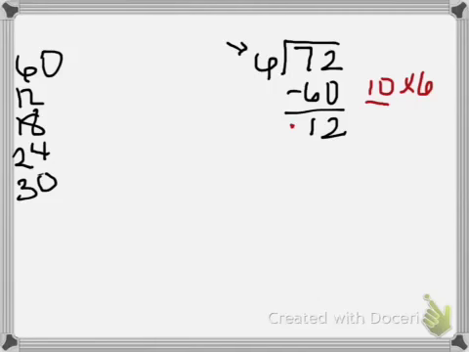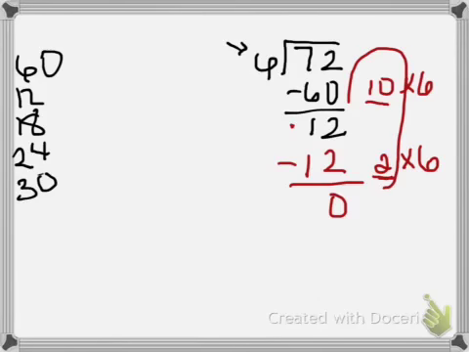Well, 12 is a multiple of 6, so I know that I can go on and subtract 12. Again, I'm going to write 2 times 6 this time, so I remember to add that number. Now that I end up with 0 at the end, I'm going to take these two numbers that I subtracted with and add them together. So 10 plus 2 is 12.